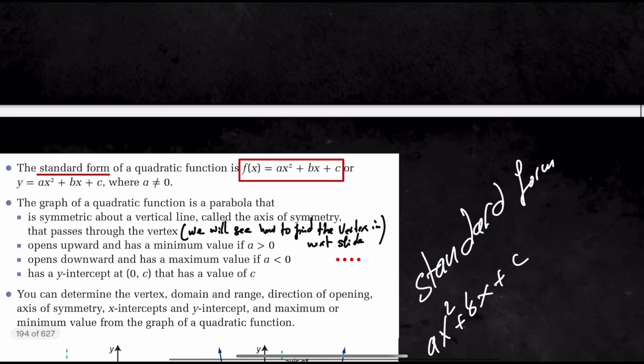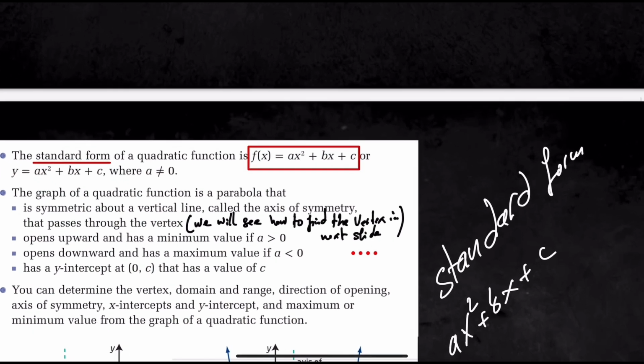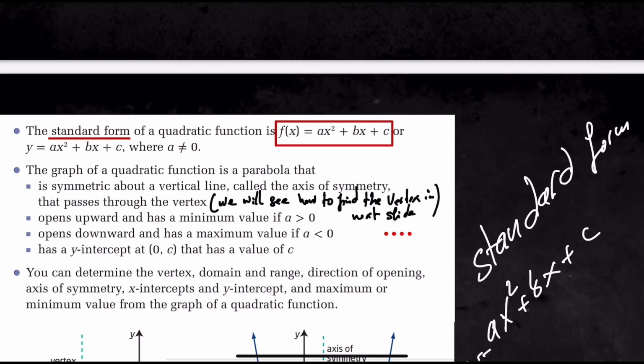Now for the other form of a parabolic function, or a quadratic function, the other form is the standard form. So we just saw the vertex form, and it is called the vertex form because you can directly see your vertex point from the equation.